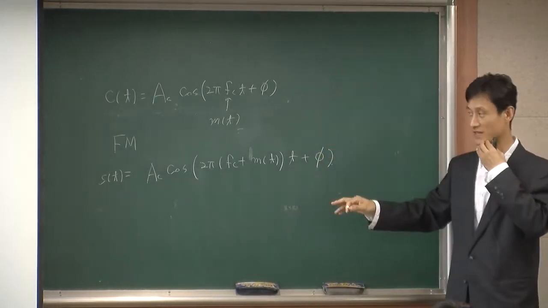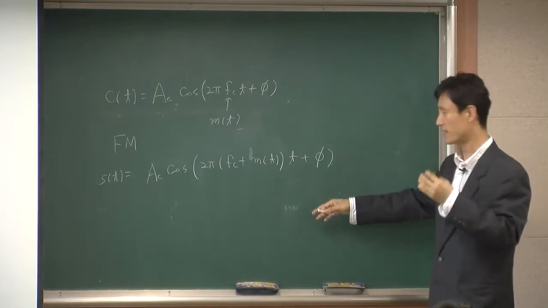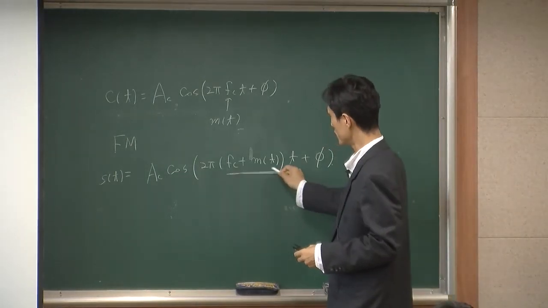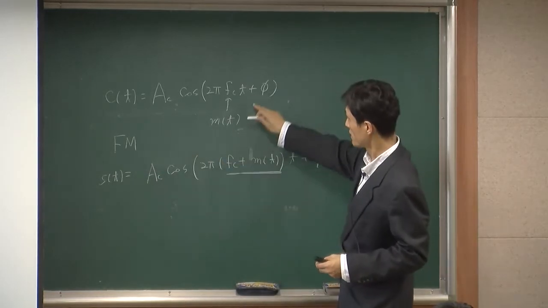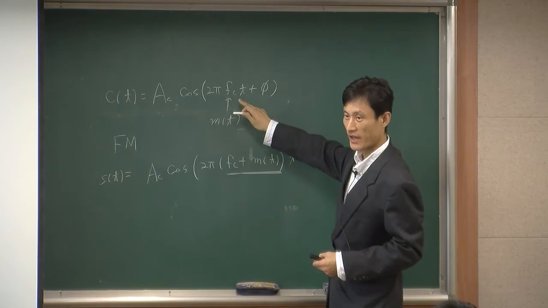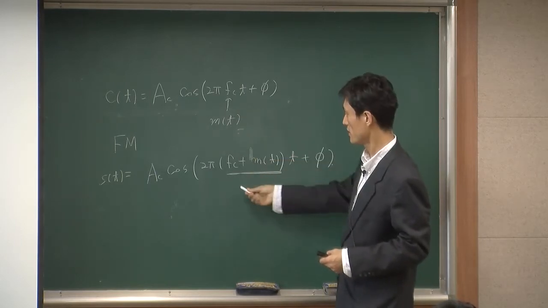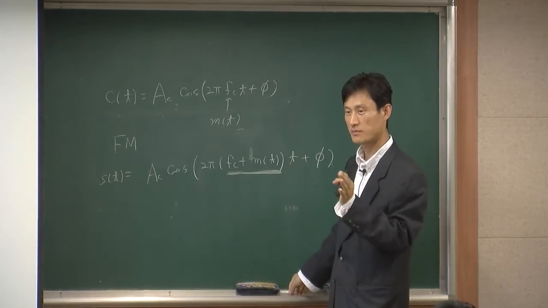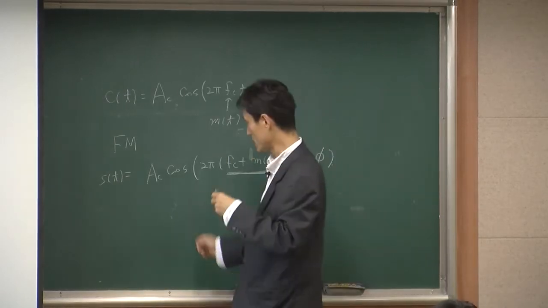This is not exactly the same as that, but I'm just giving you an idea. What this means is, in the original carrier, you only have fc. But after you do the frequency modulation, now your frequency is changing, depending on your message. Okay, that's the frequency modulation.